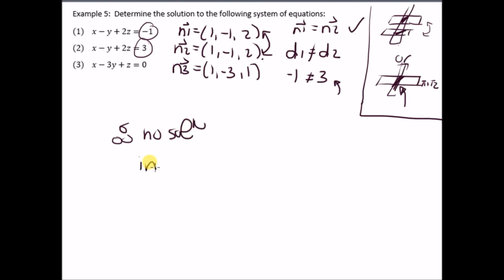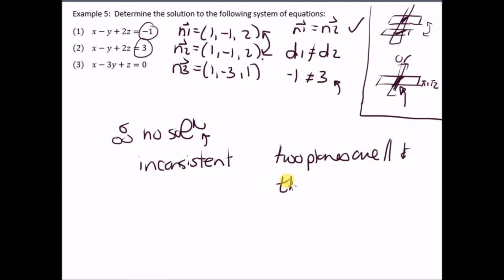This system of equations is inconsistent. Again, inconsistent means no solution. And we can just say two planes are parallel, and the third cuts through. So in this case, all three planes do not intersect.